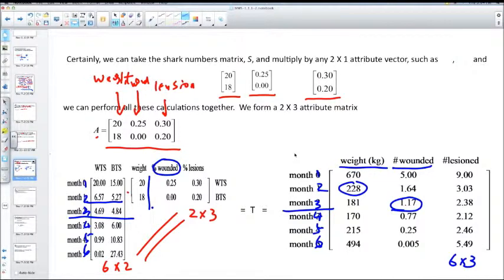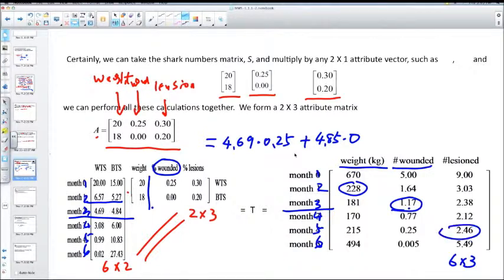So it equals 4.69, about 5 sharks, maybe 5 million sharks, depending on the unit, times 0.25 plus about 5 again times 0, that's about 1. And you get the idea.